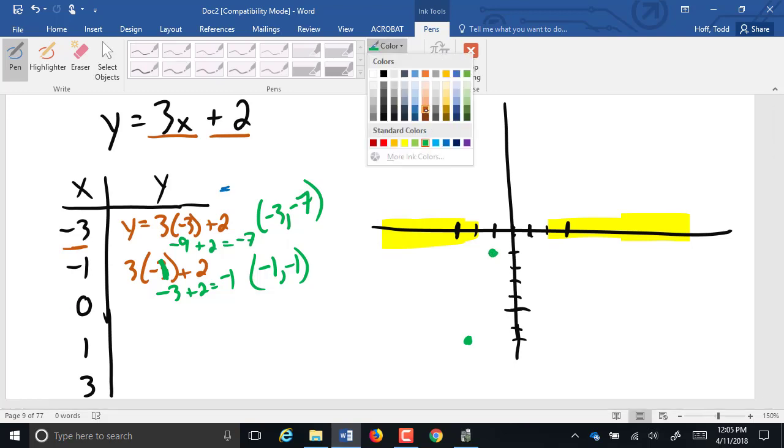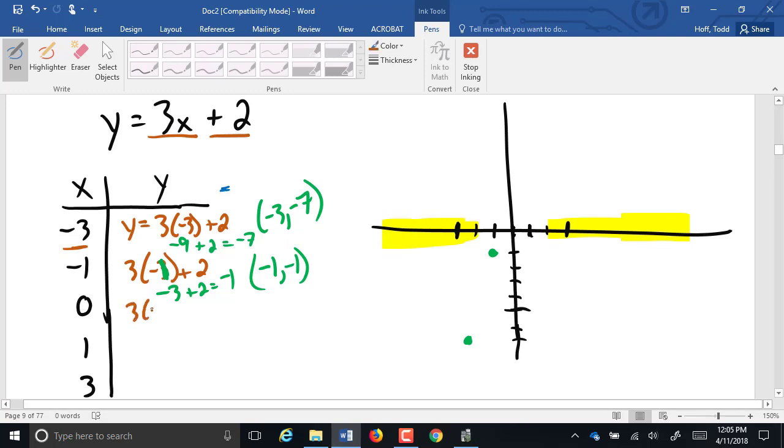If x is 0, y is going to be 3 times 0 plus 2. 3 times 0 is 0, plus 2 is 2. So we get the ordered pair when x is 0, y is 2. Now this one can be a little confusing for some people.